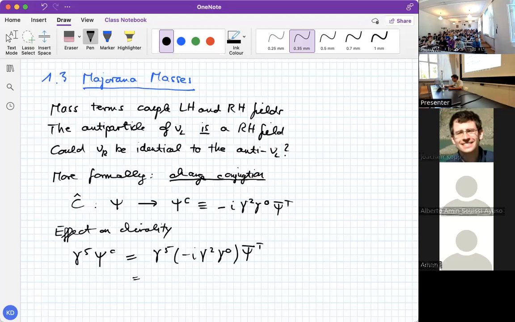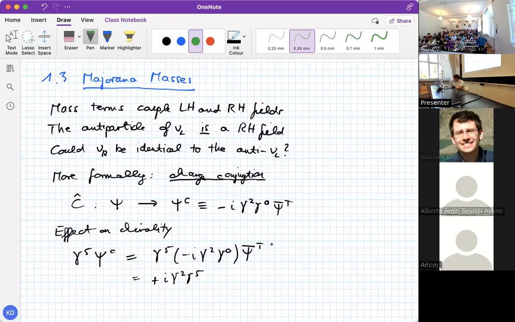We anti-commute the gamma 5 matrix and the gamma 2 matrix. Remember that gamma 5 anti-commutes with all the other gamma matrices. So the minus i now becomes a plus i, gamma 2, gamma 5, and this psi bar transpose. Remember what that is.